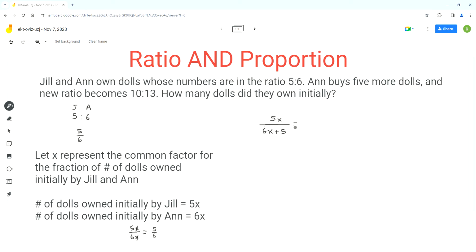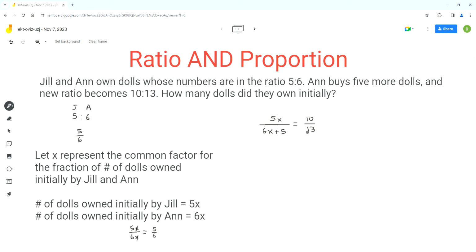Now the ratio of these dolls has changed to 10 over 13. So this is the equation that we have to solve. So this is a proportion equation and we have to solve this proportion equation to find the value of x, which we will use to find the number of dolls owned by them initially.